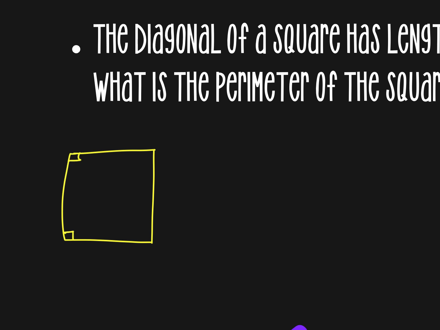But we know a square has 90-degree angles all around. And it's giving me my diagonal of 6. What kind of triangle is this if I'm breaking it up into a right triangle? Think of the measurements. What kind of measurements would I have here? Good. This is going to be a 45, 45, 90 triangle.